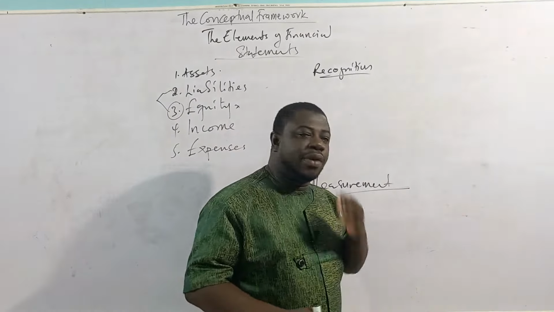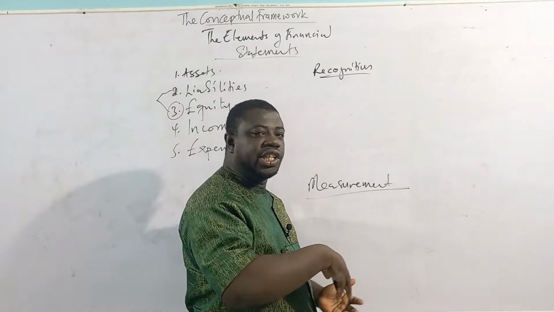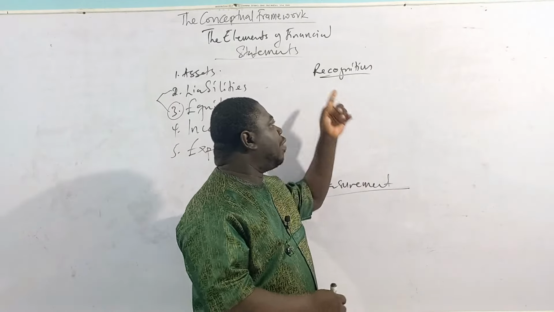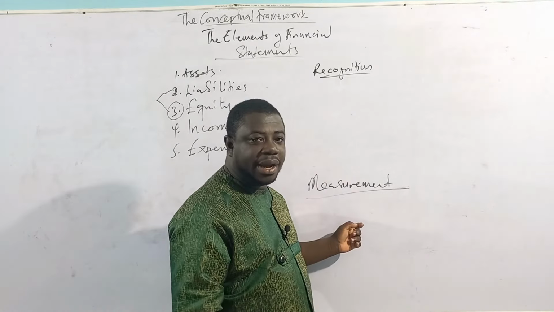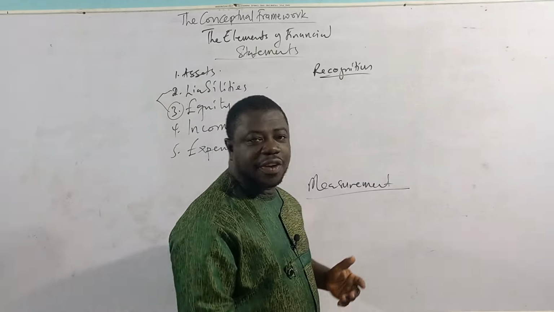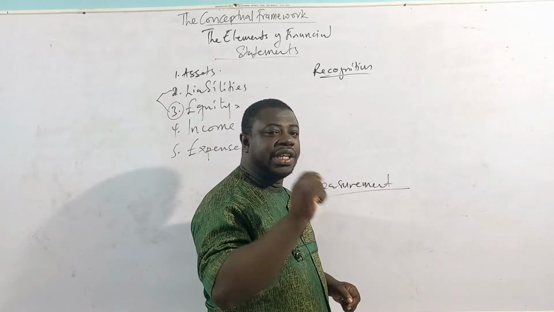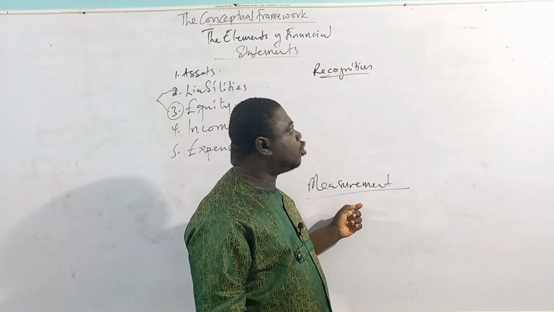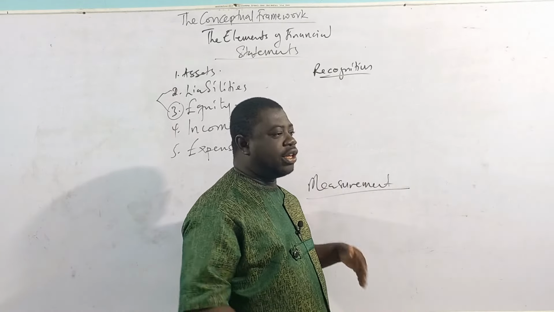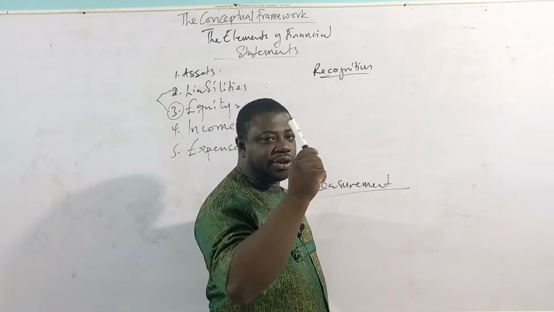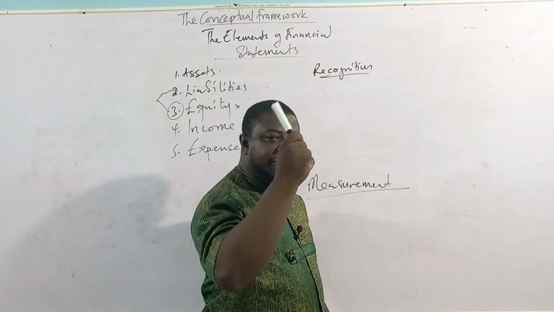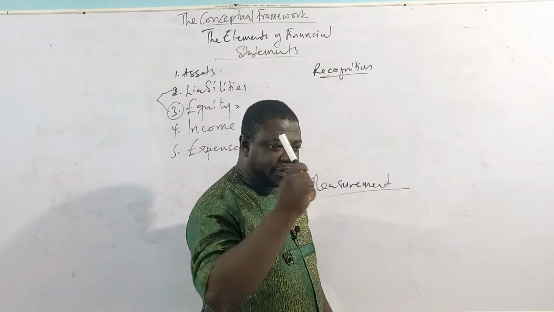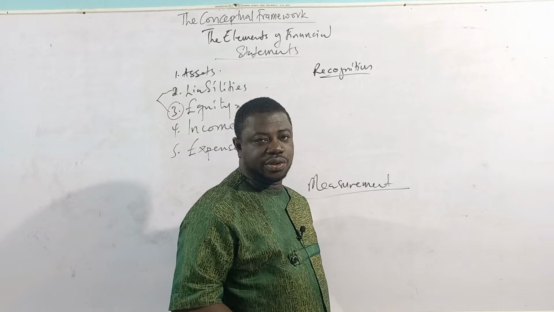And the conceptual framework talks about these two, recognition and measurement. Of course, you cannot recognize it if it cannot be measured reliably. So for all the elements of financial statement, one of the recognition criteria is that it can be measured reliably. Because you cannot recognize what you don't know. Assuming that I want to recognize this asset on my financial statement, what monetary value am I going to put there? Because the financial statement should reflect monetary values.